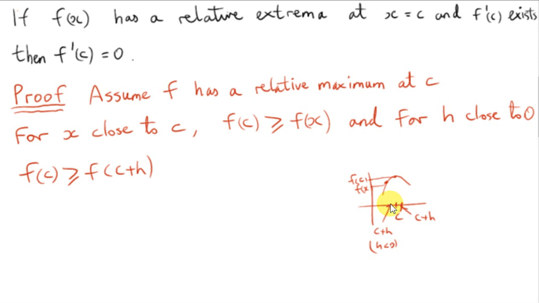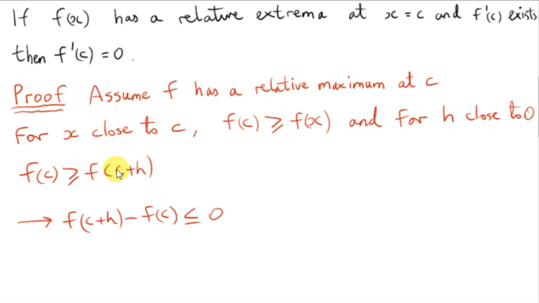We'd be subtracting a certain amount from c, and then you can see that f of c plus h takes the place of f of x. That's less than f of c, whether we're talking about the point to the right of c or the point to the left of c. As long as we're dealing with a small enough neighbourhood of c, f of c will be greater than or equal to f of c plus h.